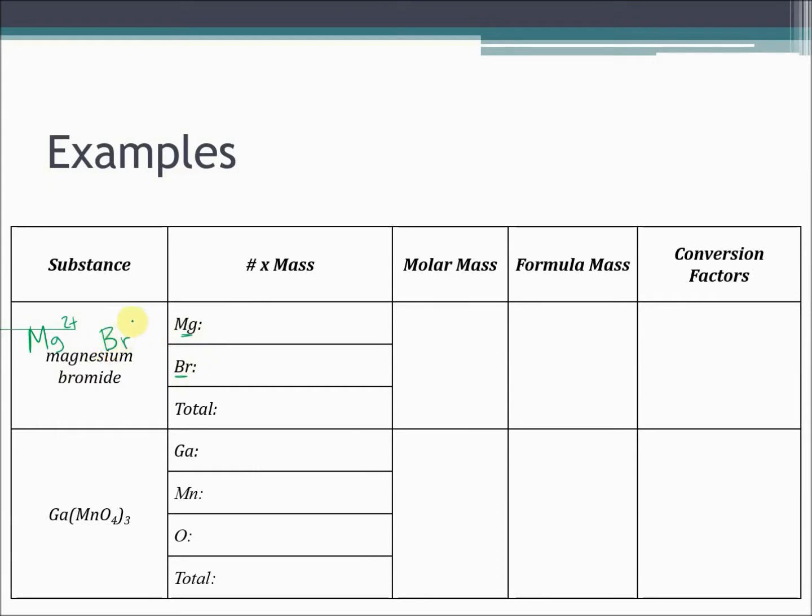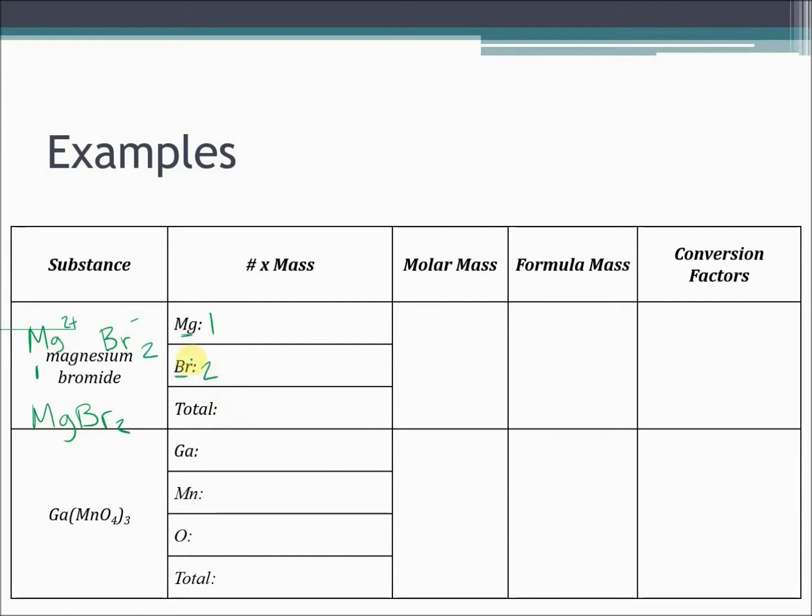It's in your 7th group. It forms a -1 charge. So when it comes time to write the formula, we will need 1 magnesium and 2 bromines to cancel out the charges, which means our formula will be MgBr2. So as far as finding the mass, we'll need to take the mass of 1 magnesium and 2 bromines.